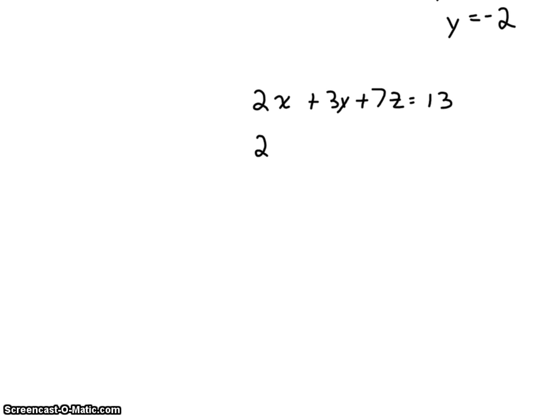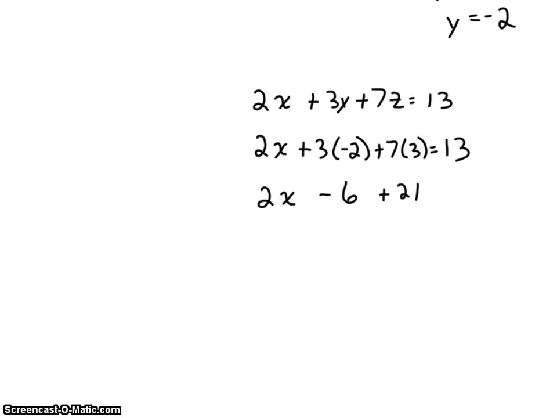So let's substitute 2x plus 3 times negative 2 plus 7 times 3 equals 13. Remember, y equals negative 2 and z equals 3. So we're just substituting those in to this equation. 2x minus 6 plus 21 equals 13. Grouping like terms, 2x plus 15 equals 13. Subtract 15 from both sides. 2x equals negative 2. Divide both sides by 2. X equals negative 1.